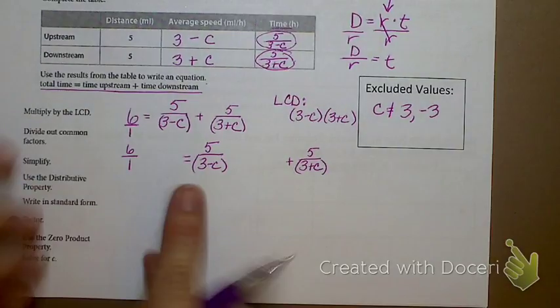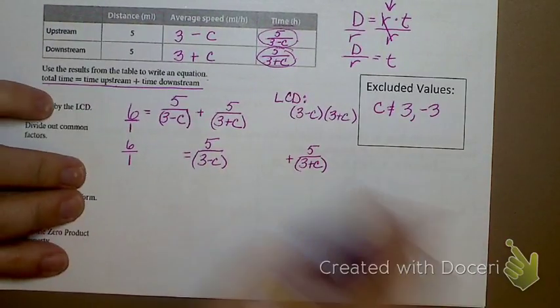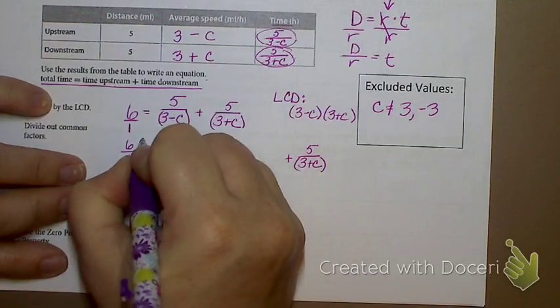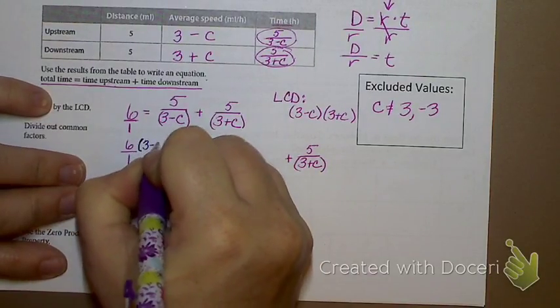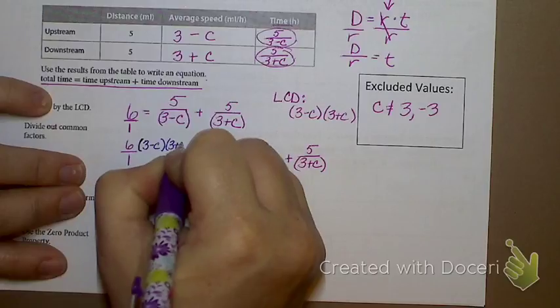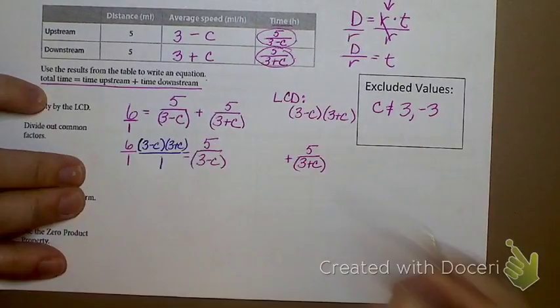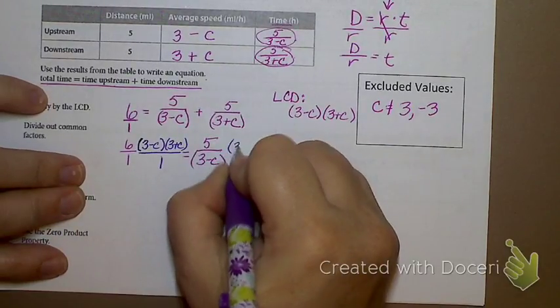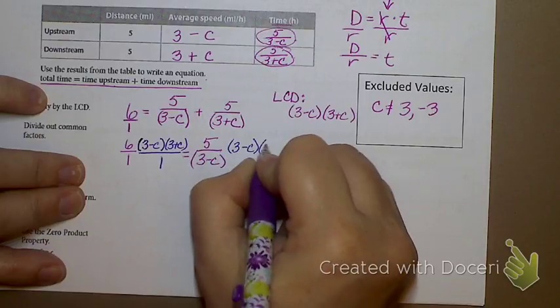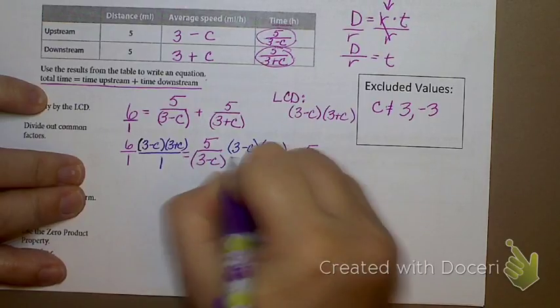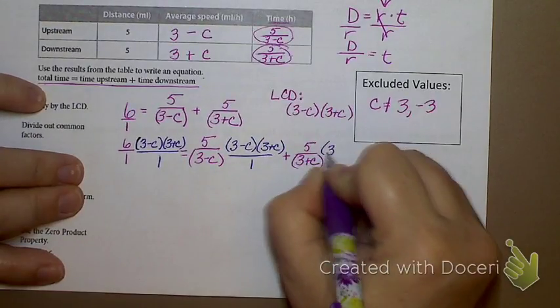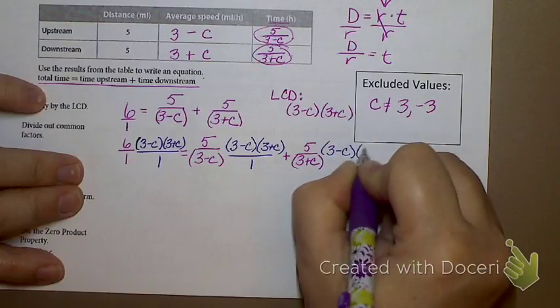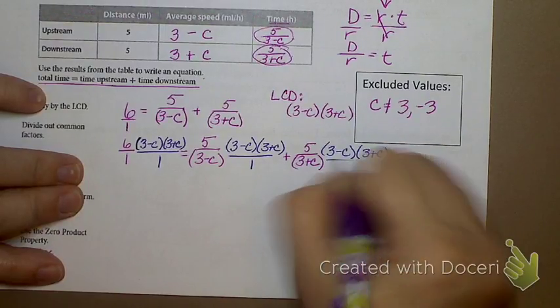Now, what am I going to put in my awkward spots there? The LCD, 3 minus c, 3 plus c, over 1, in each of the three spots.